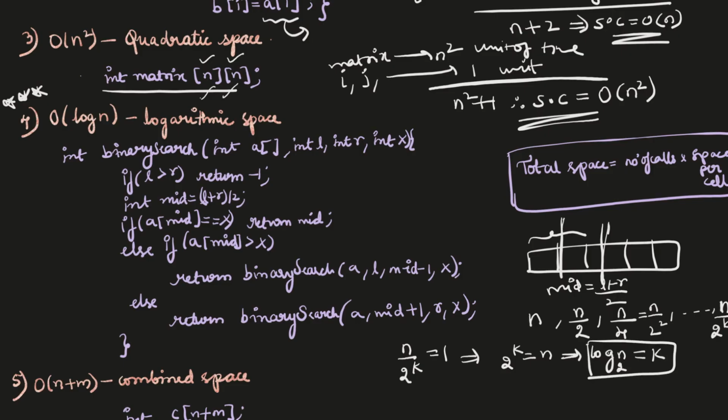So now we have found the space per call. The total space for problems like this is calculated by number of calls into space per call.